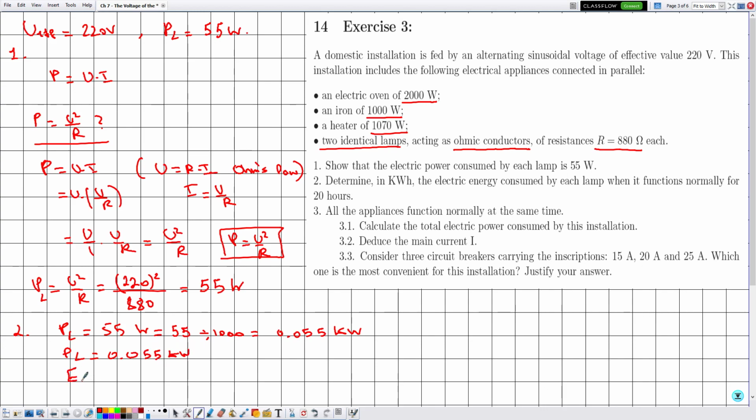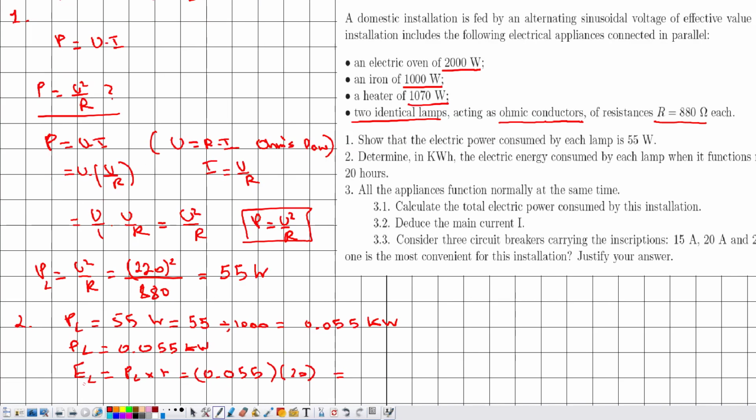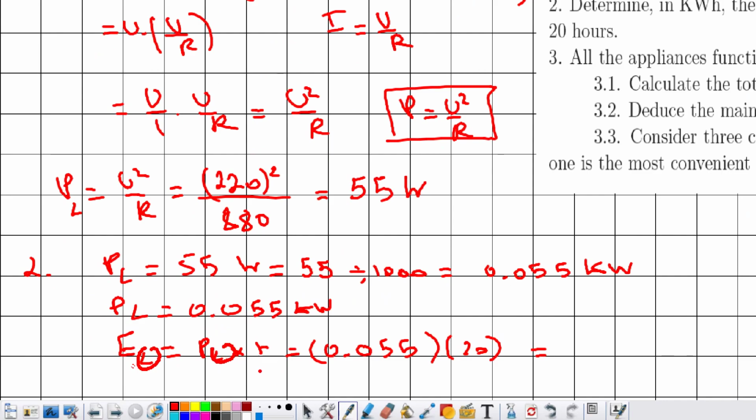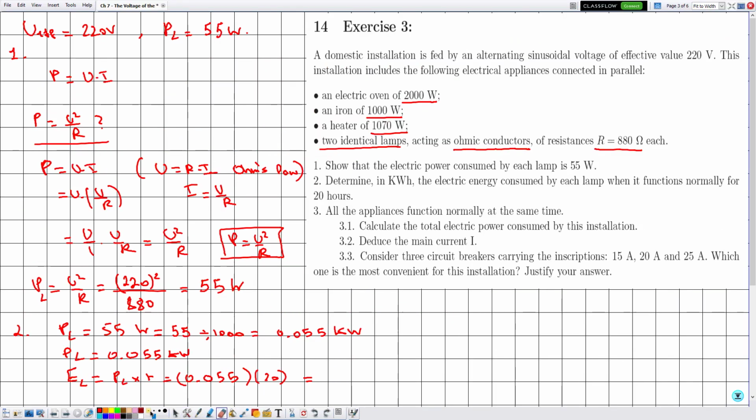So the electric energy of the lamp is given by P of the lamp multiplied by t, which is equal to 0.055 multiplied by 20. Plugging this on the calculator, here L stands for the lamp, and it's not important to write the subscript L. We can remove it, for example.